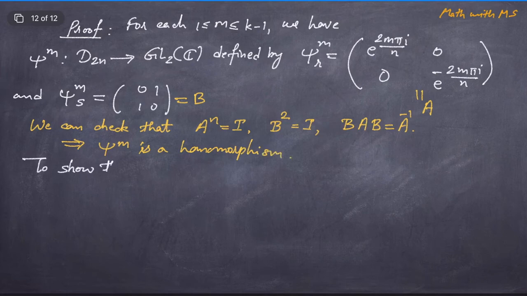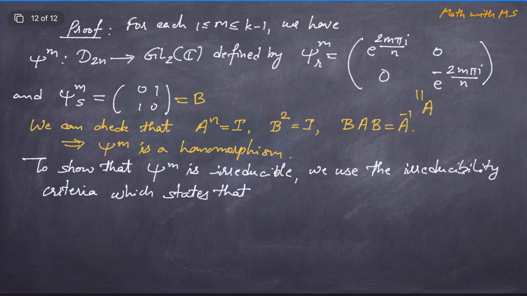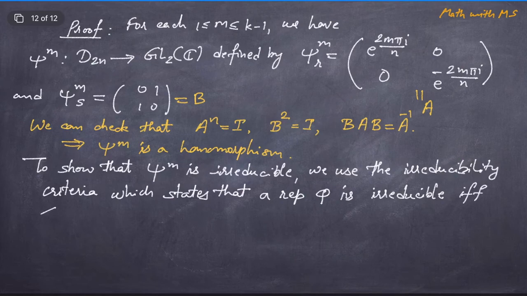To show that psi m is irreducible, we will use the irreducibility criterion, that a representation phi is irreducible if and only if the inner product of its character with itself is 1.